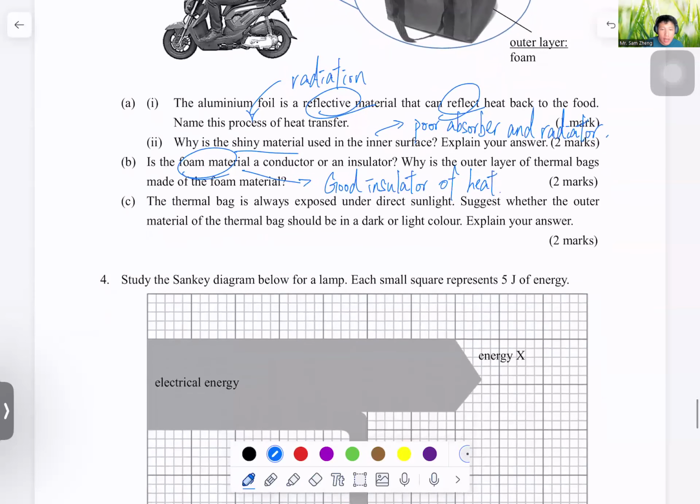So in this case, rather than a dark color, a light color would be a lot more suitable.